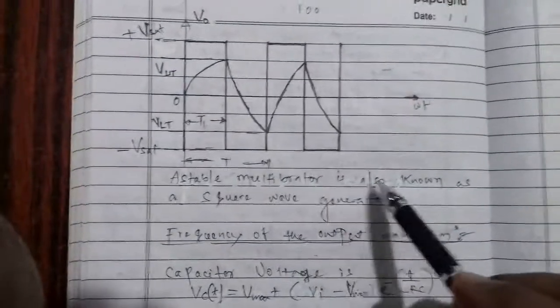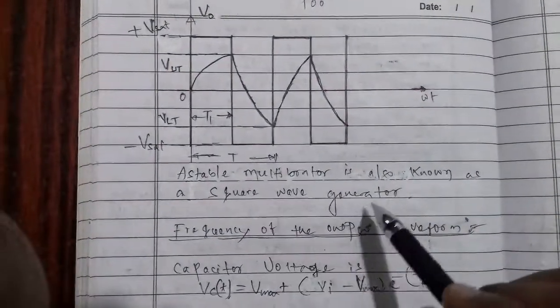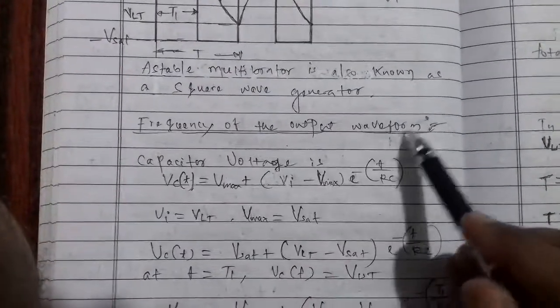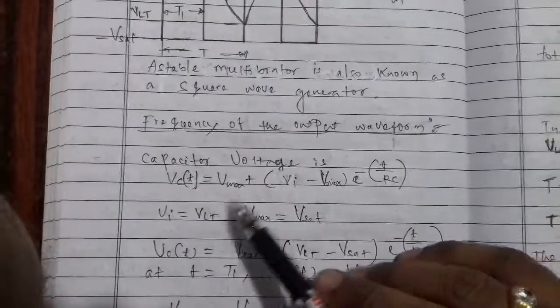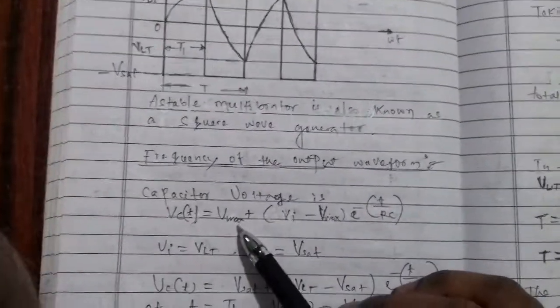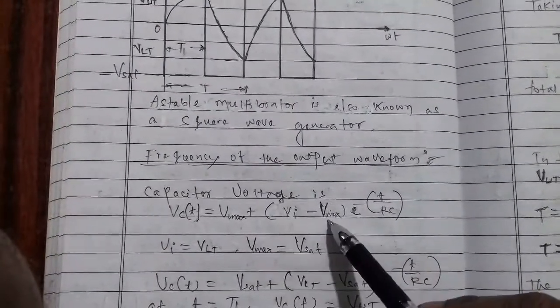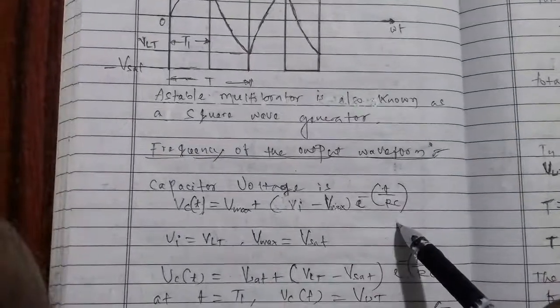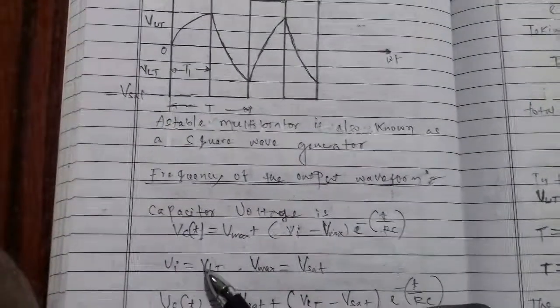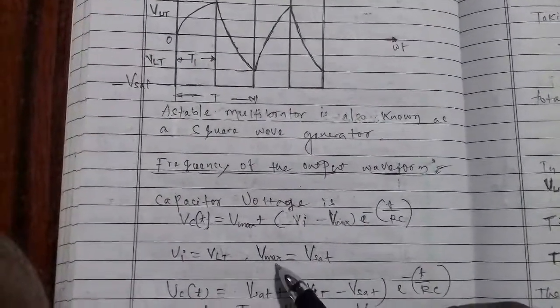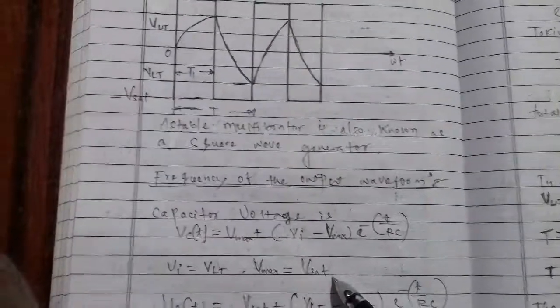The astable multivibrator is also known as a square wave generator. Frequency of the output waveform: the capacitor voltage Vc of t is equal to V maximum plus Vi minus V maximum, times e raised to minus t upon RC. Vi is equal to the lower threshold voltage and V maximum is equal to V saturation.